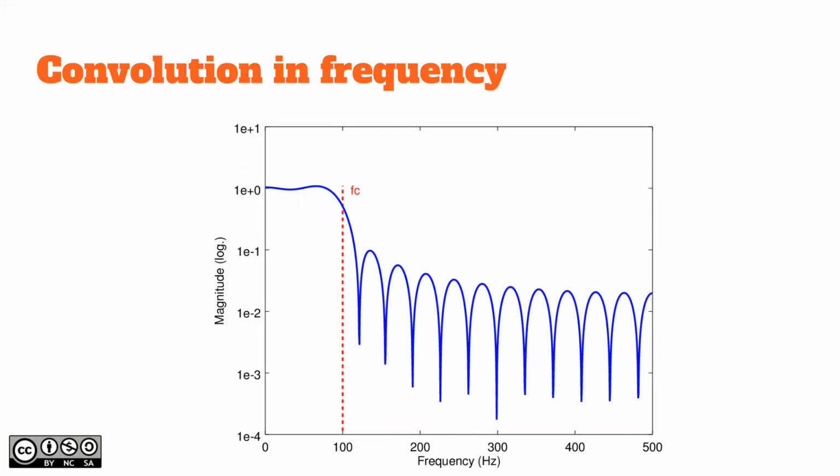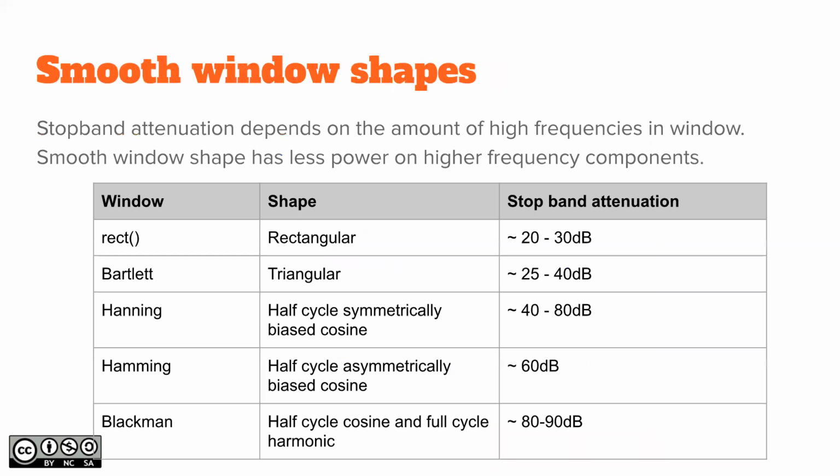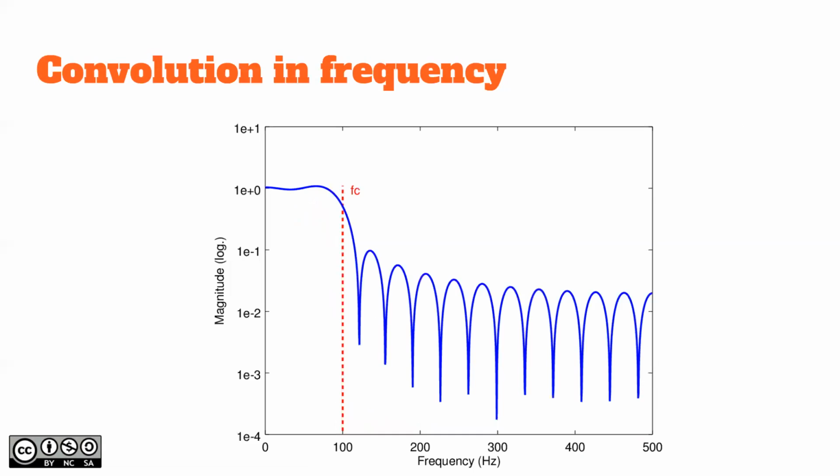Same in logarithmic scale. So typically the FIR filters look something like this. Now one point is fixed, so we can control the cutoff frequency. Great. What else?